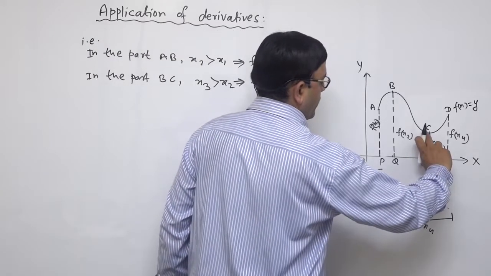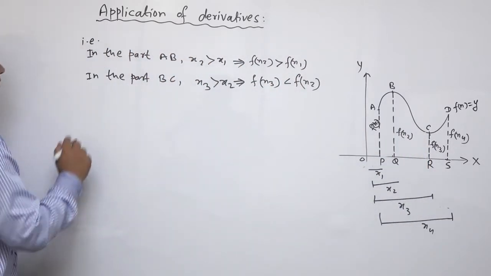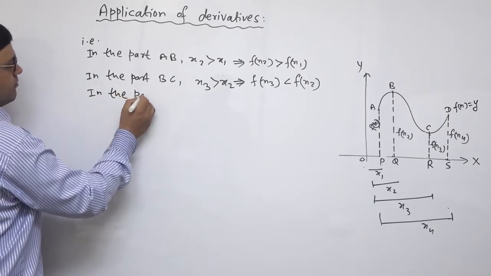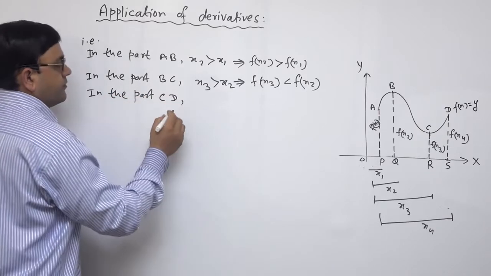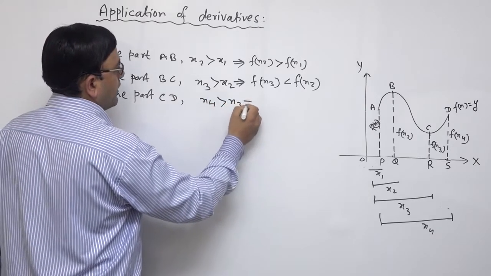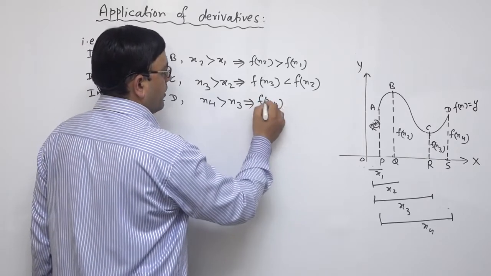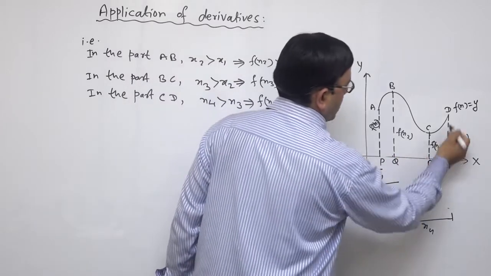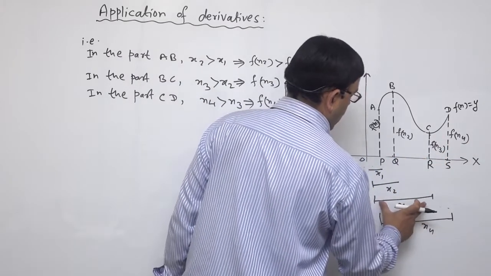Look, fx3 is this one, and this is smaller than fx2. Similarly in the part CD, x4 is greater than x3, which implies fx4 is also greater than fx3. Here x4 is also greater than x3.